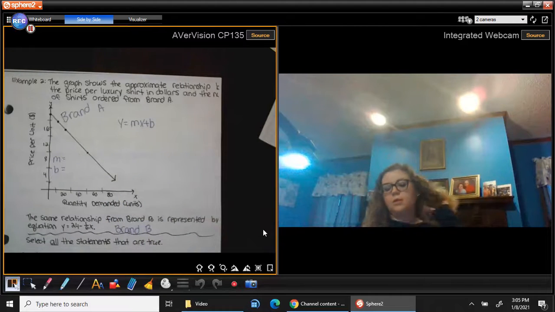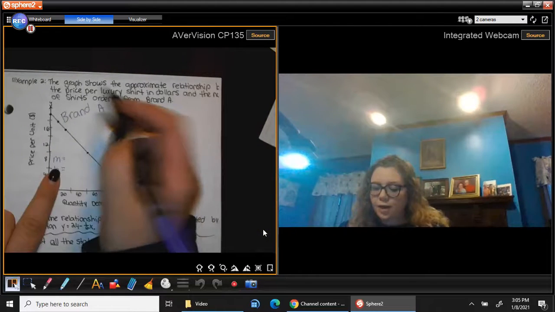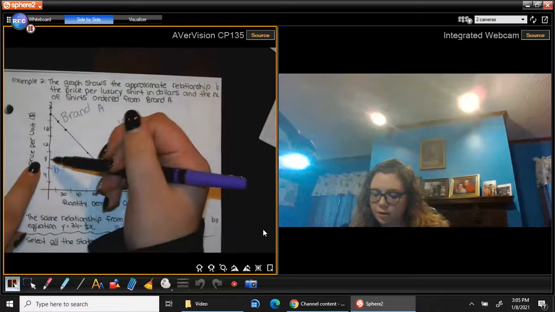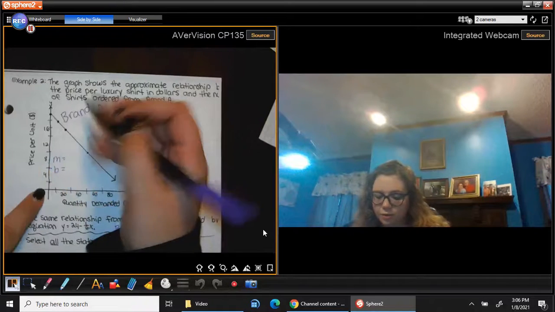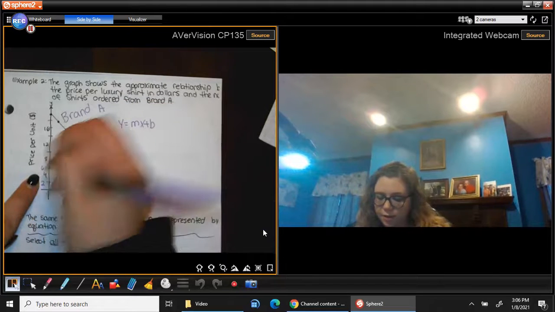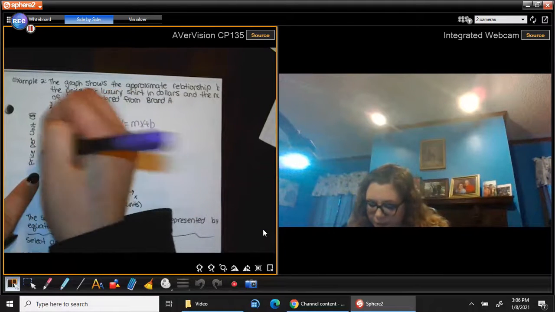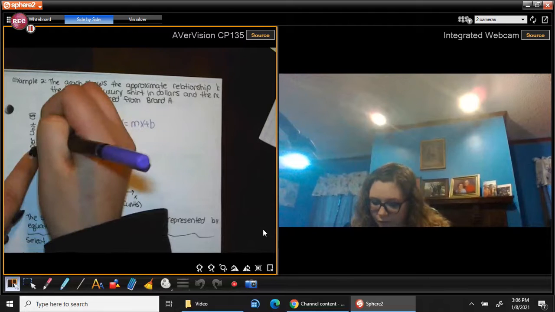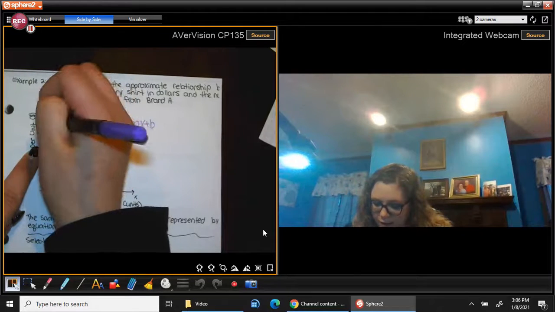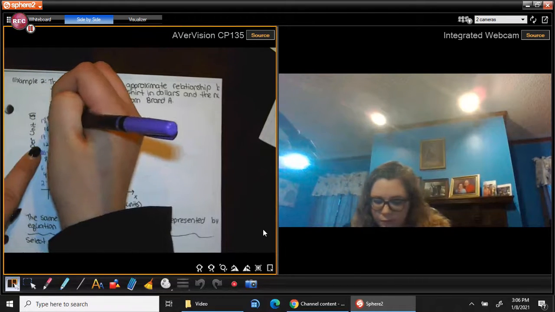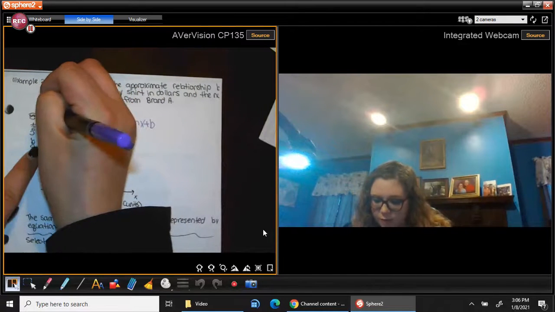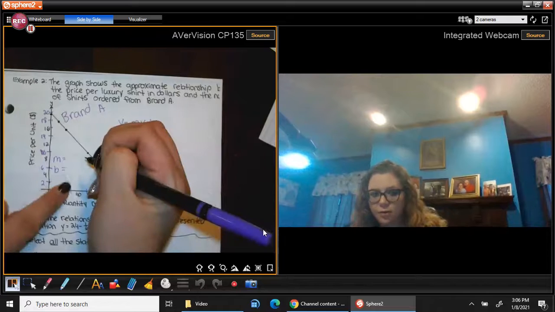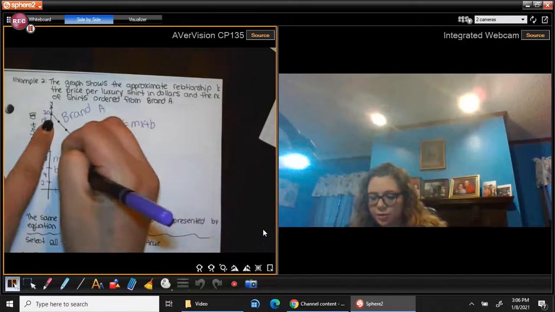If I look, it is counting by 2. So this is 2, 4, 6, 8, 10, 12, 14, 16, 18, and then this is 20. So my y-intercept, where it crosses the y-axis, is 20.